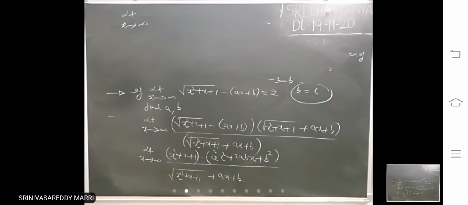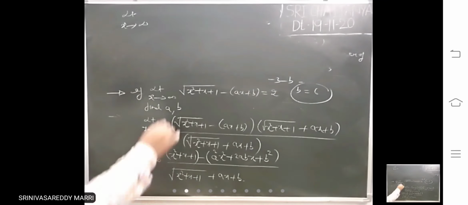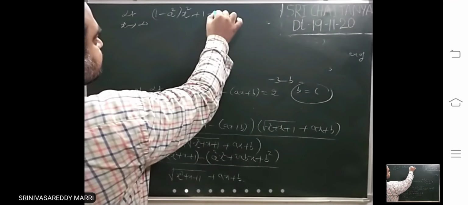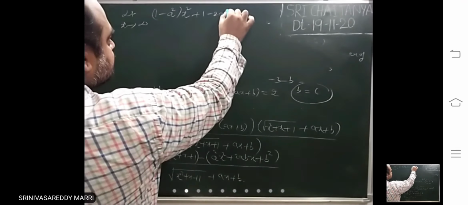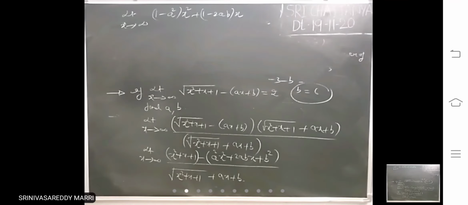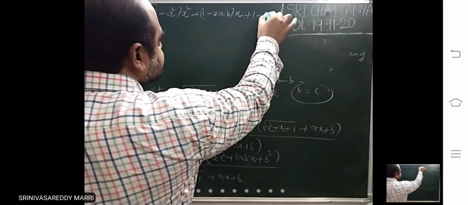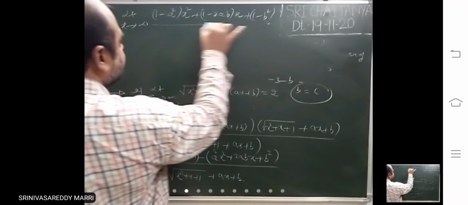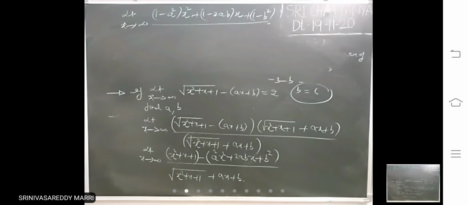Limit x tends to infinity, 1 minus a square into x square, second degree it comes out to be. So then this is 1 minus 2ab into x, plus 1 minus b square, divided by second degree, that is.